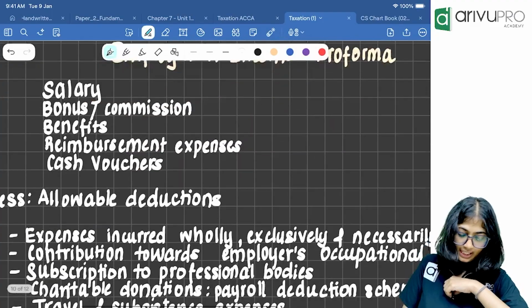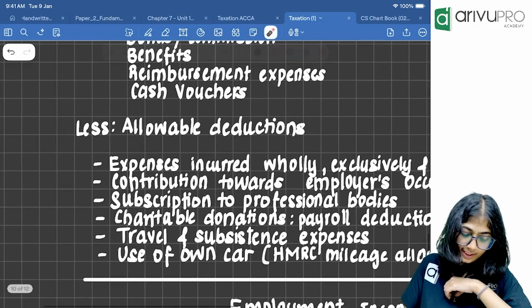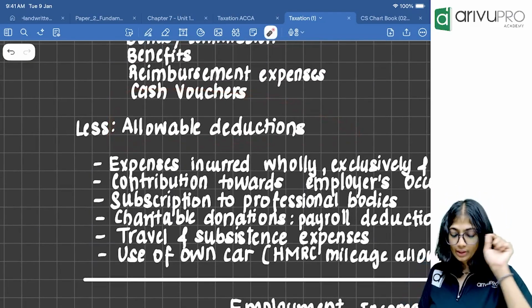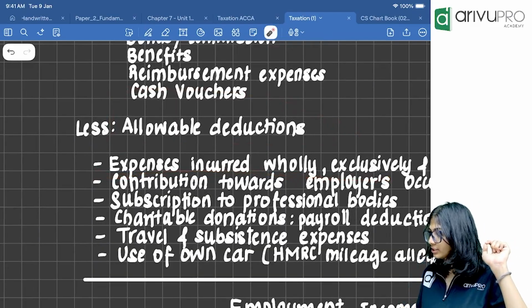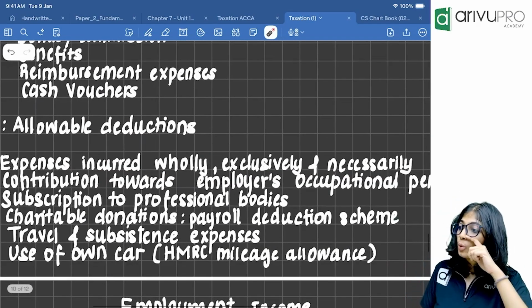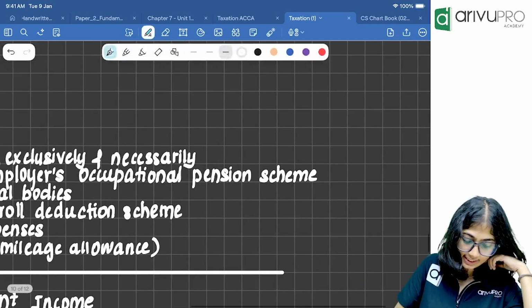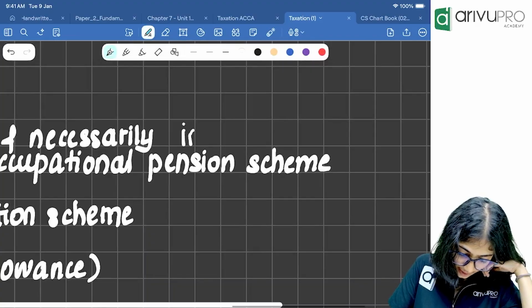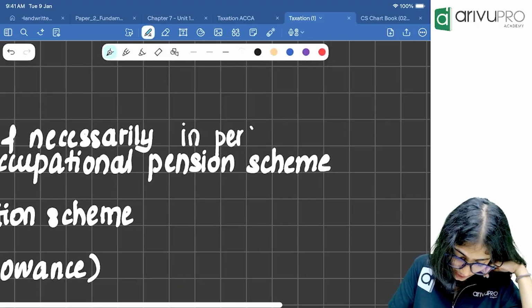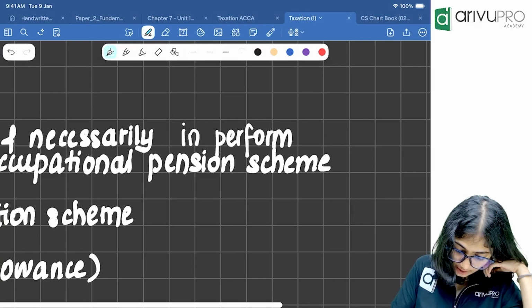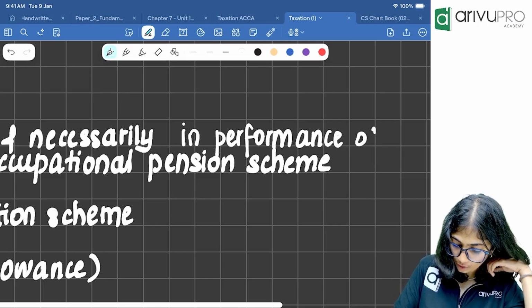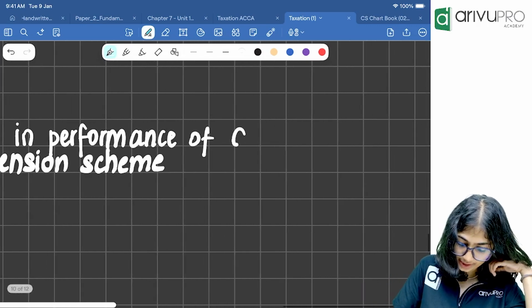Okay. Let's now look at allowable deductions. In fact, let's look at this part of allowable deductions: expenses incurred wholly, exclusively and necessarily in performance of employment duties.